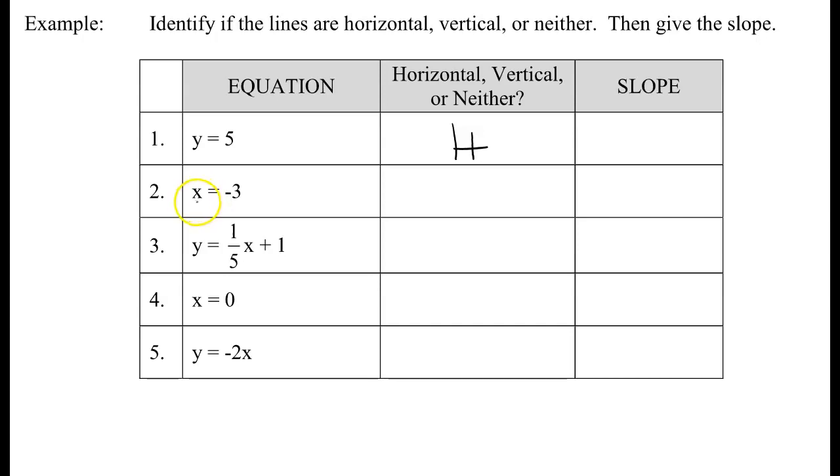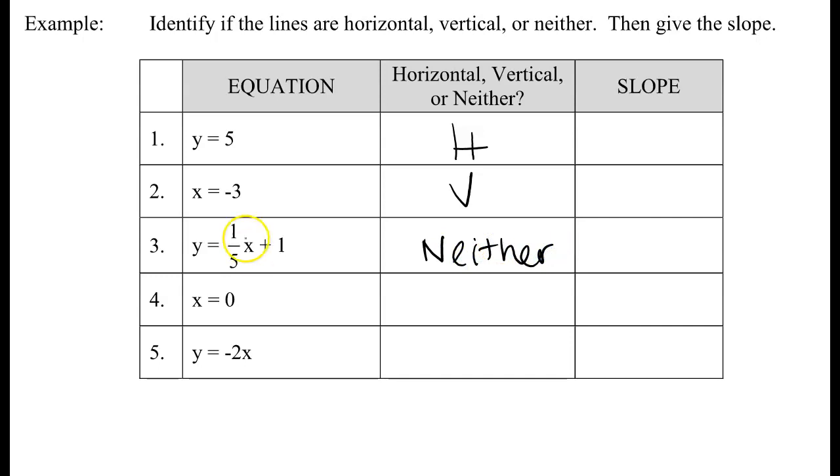If I have x equals -3, that means it's going through the x-axis only at -3. That would be a vertical line. For a situation where they have the full y equals mx plus b, that's neither. We can definitely tell what the slope is for that.